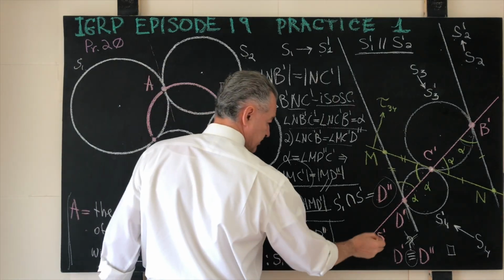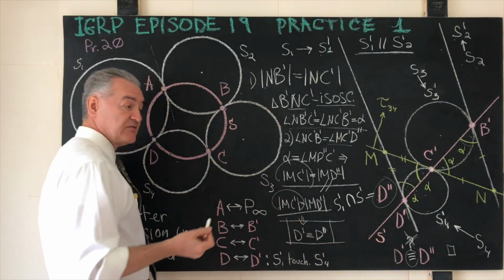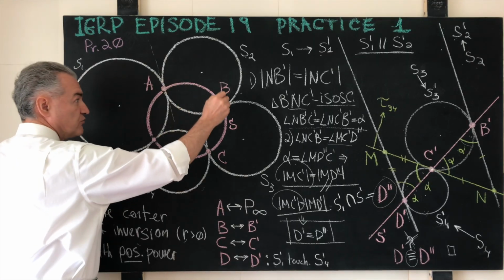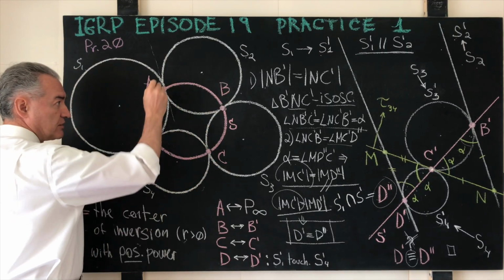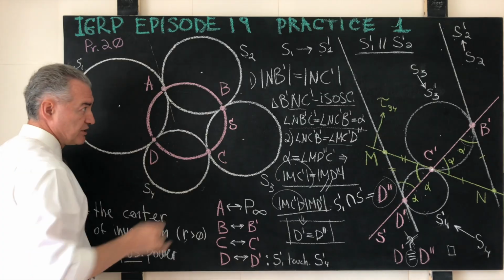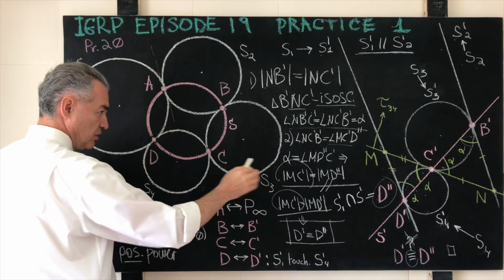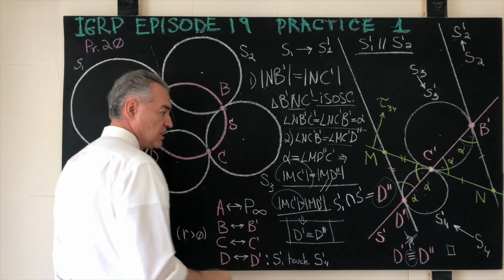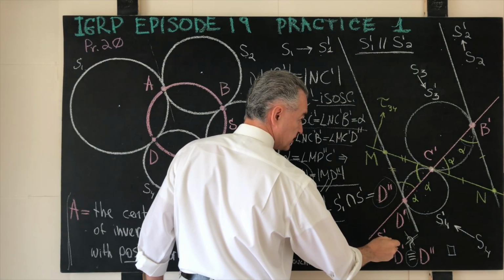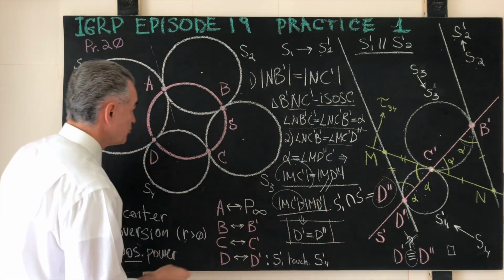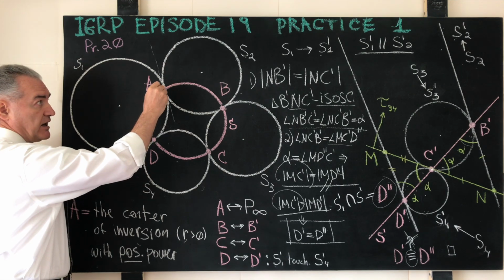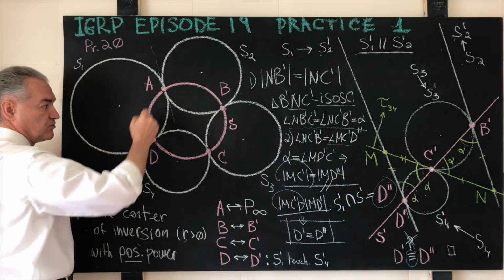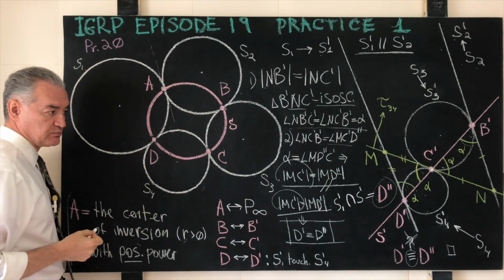Either the straight line S prime is taken into itself, which can never happen because no 3 points of tangency are collinear, or that straight line S prime will be taken into the circle that passes through the center of inversion, A. And that is precisely what is required to prove, and that also completes the proof.